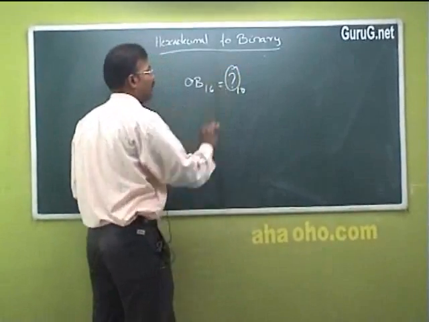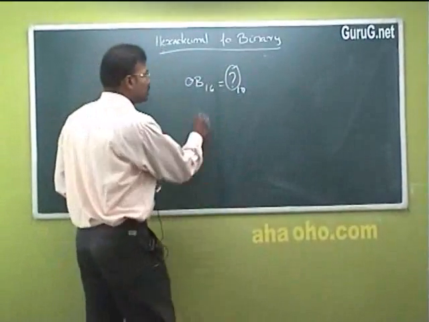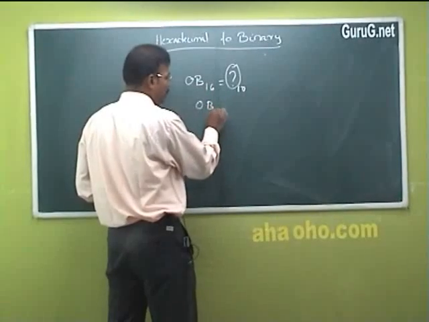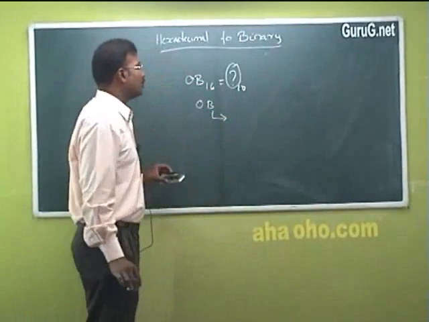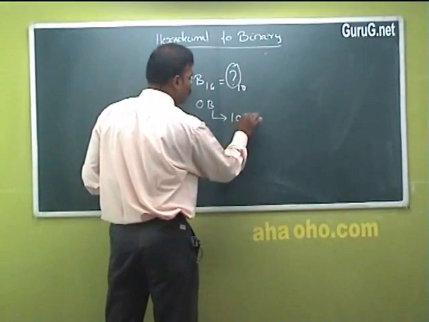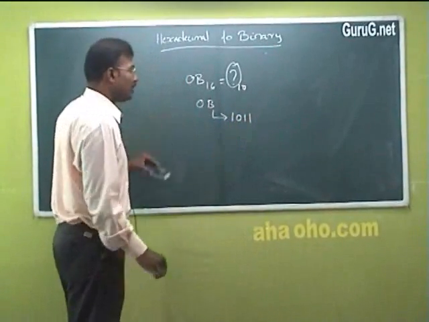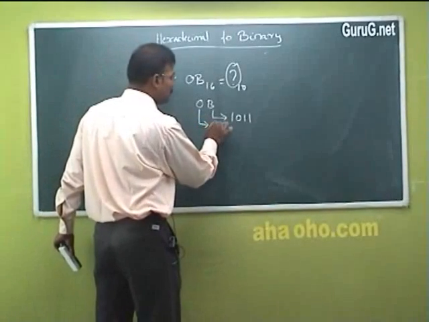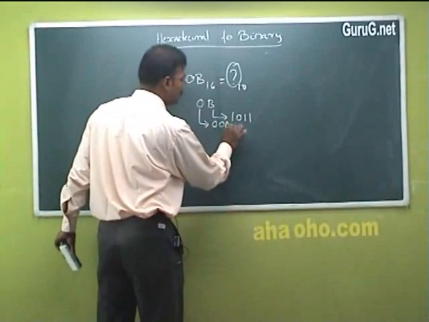Now we need to find its binary value. How are you going to do it? 0B, you write it. What is the value of B in hexadecimal? It will be equal to 1, 0, 1, 1. What is the value for 0? It will be equal to 0, 0, 0, 0.